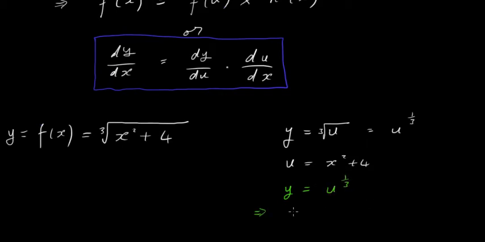That means then that dy with respect to du is going to be, bring the third down, so it's 1/3 u to the power of minus, when you subtract 1 from 1/3, that gives you minus 2/3. So that's our dy/du.